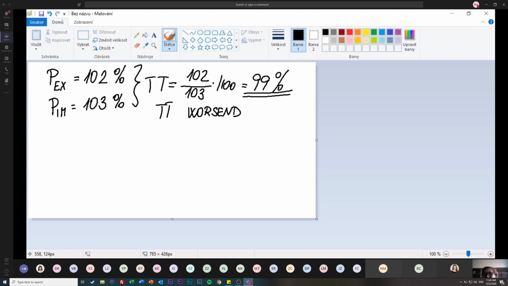Or for the same quantity of import, I must export more by 1%. What's worse for me? I have shown you the GDP produced, and I have told you that we are losing a little bit.